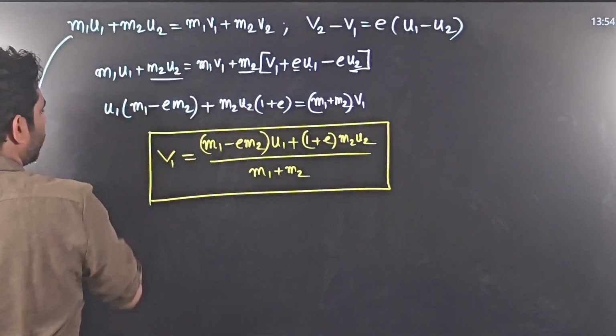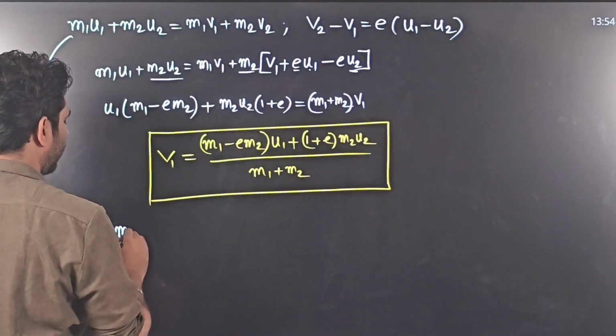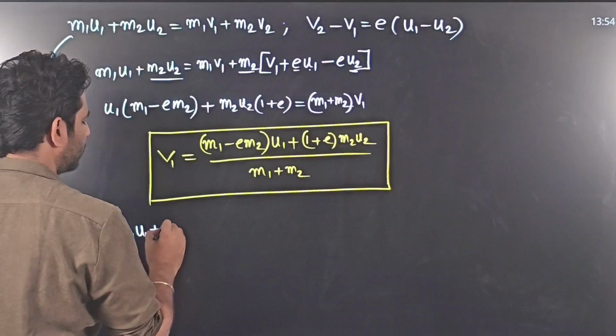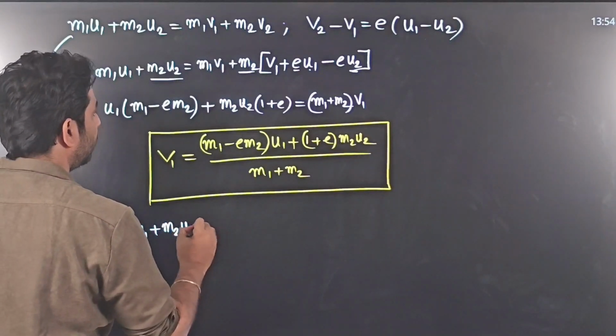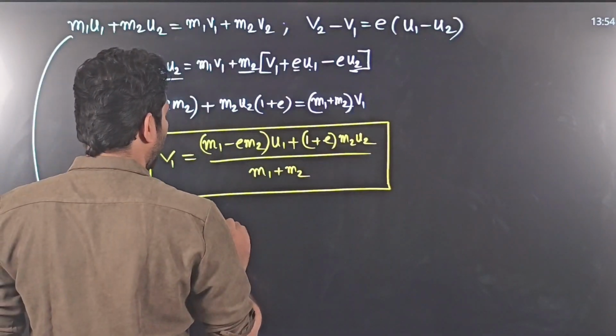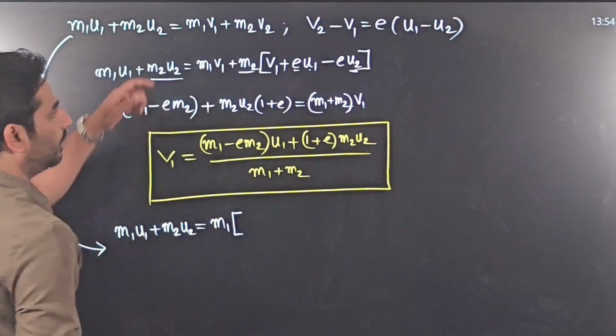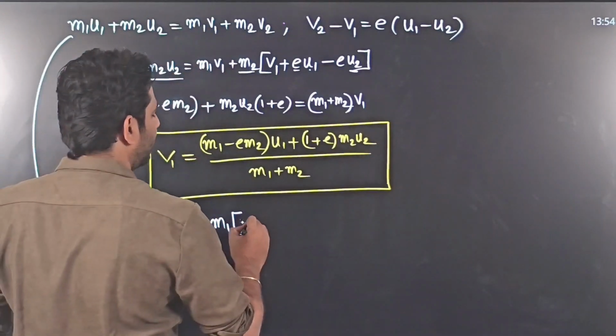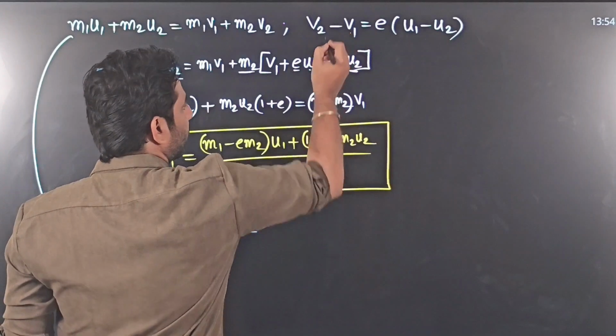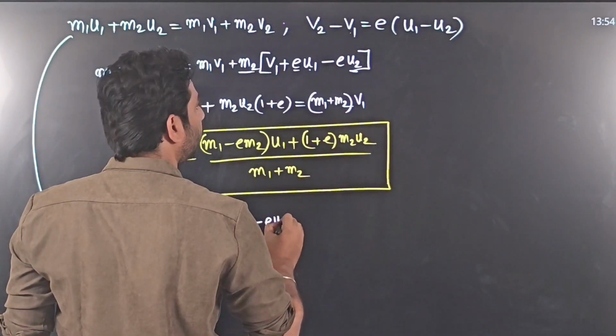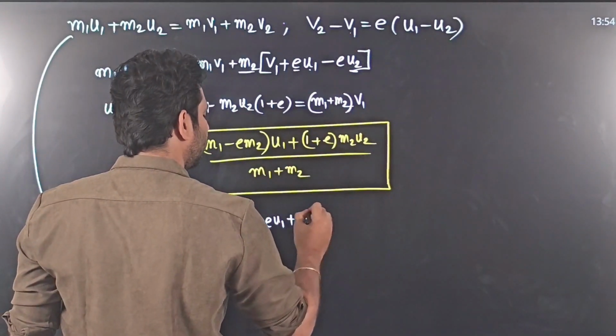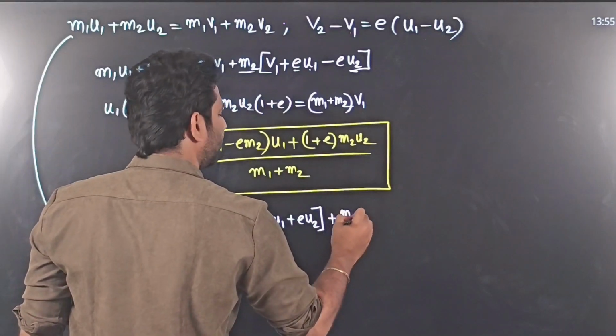Similarly, from the first equation, I can write m1 u1 plus m2 u2 is equal to m1 v1 plus m2 v2. I'll eliminate v1 by expressing v1 in terms of v2. From the second equation, v1 is equal to v2 minus E u1 plus E u2.